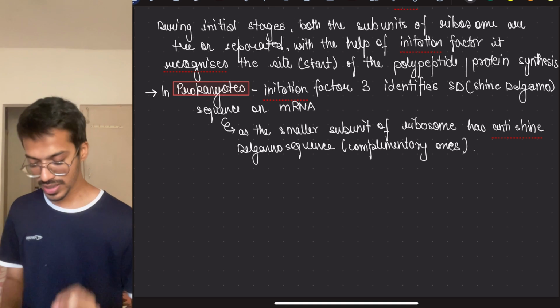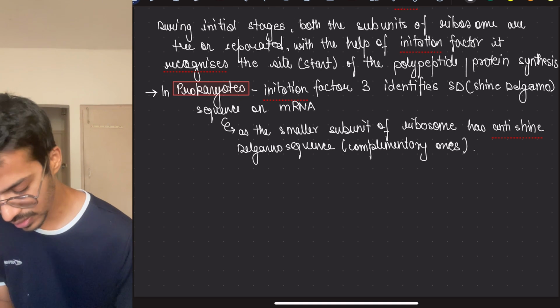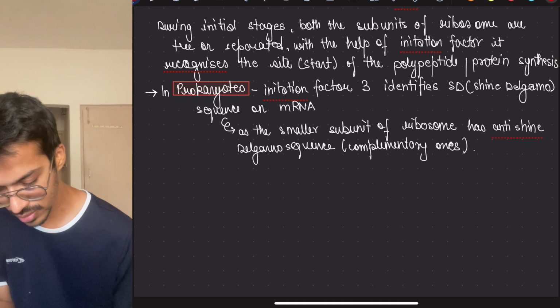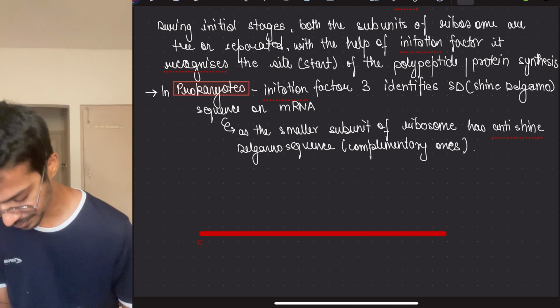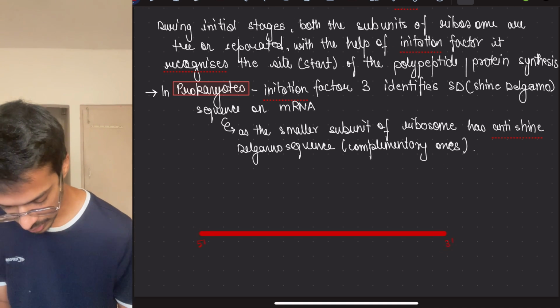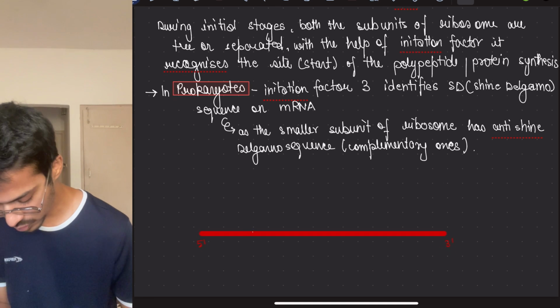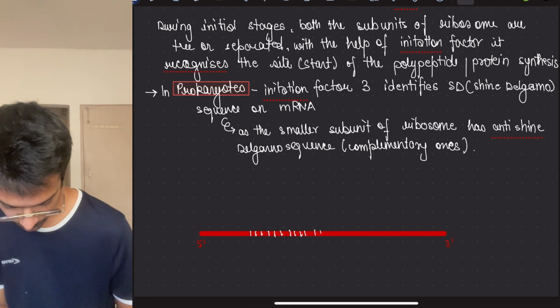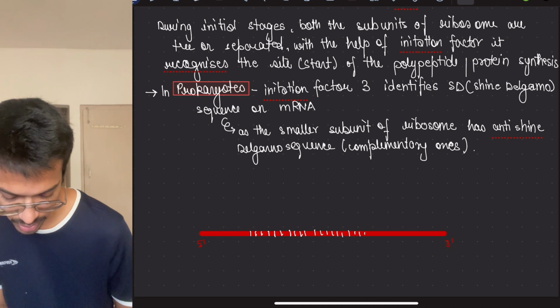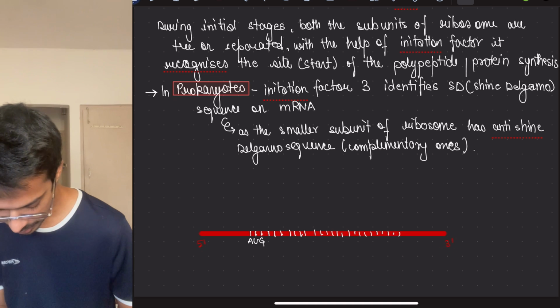So the initial step was, for example, this is your mRNA, 5' to 3', and it has sequences present. These white things I'm making are the nucleotides which are present on it.